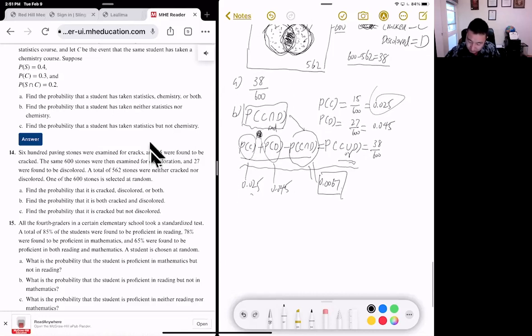Part C. Part C, find a property that is correct but not discolored. So the question is asking P(C) correct but not discolored. So that is P(C and complement of D, not D).